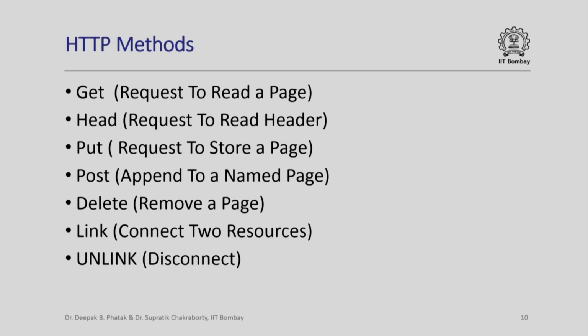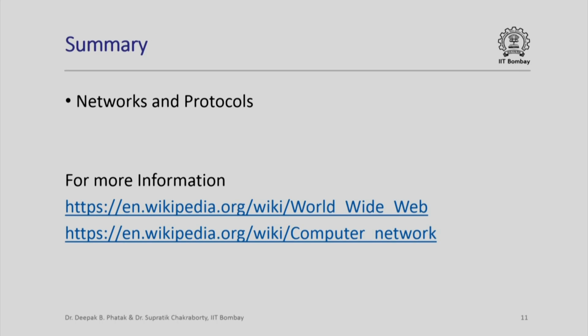As I said, we can conceptually treat all these methods as equivalent to functions which have been provided in the HTTP HTML framework. In summary, networks started by interconnecting a few computers on a local area network and then interconnecting these networks onto a wide area network. Specific protocols evolved and a very systematic methodology was adopted to handle information exchange between different computers.